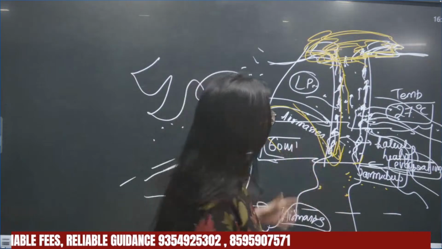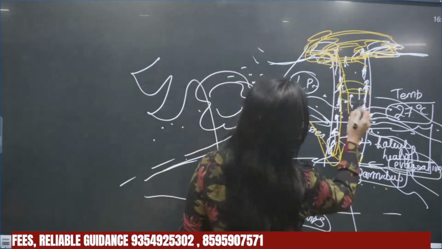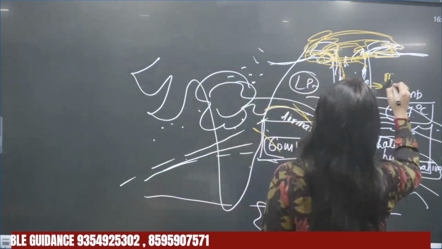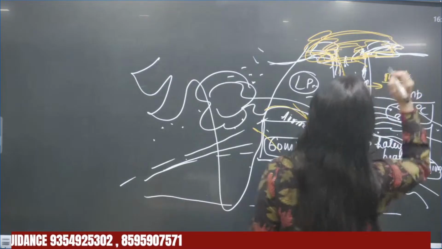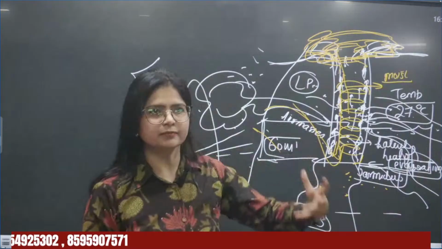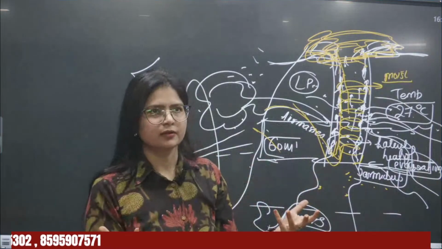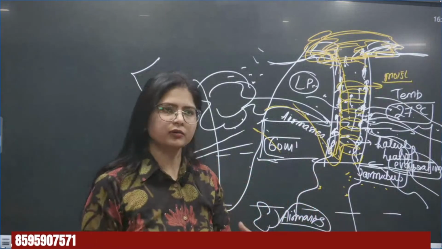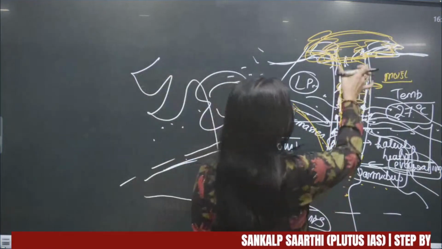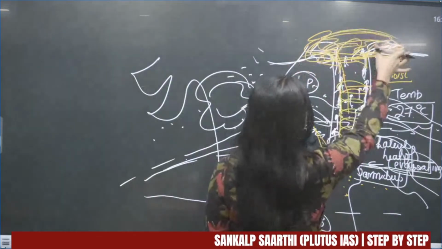Therefore, what will happen? This area is moist first of all. Why moist? Because it is taking the water. It is moist, steam में है. इसमें क्या है? It's having the water. Water is converted into vapors. So it is going up and collecting over here.